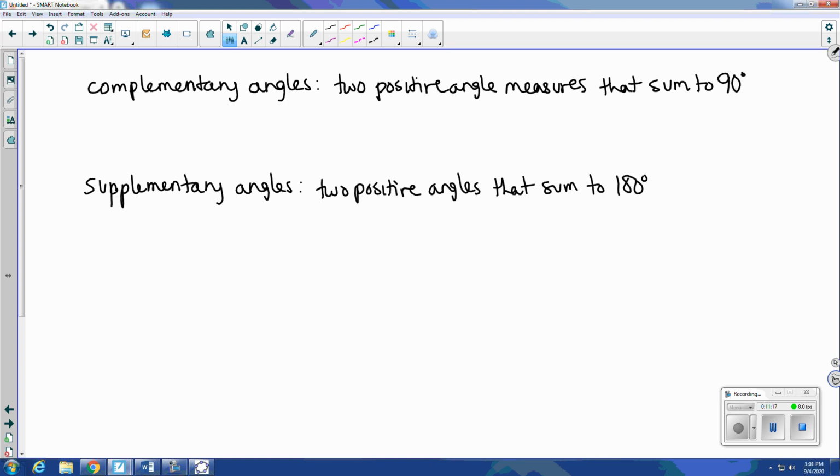So let's say that we have some angle measure x. The way you find its complement is you do 90 minus x, because the two angles should add up to 90 degrees. So if we have x, 90 minus x serves as the complement.